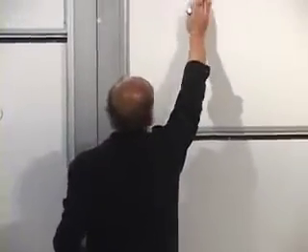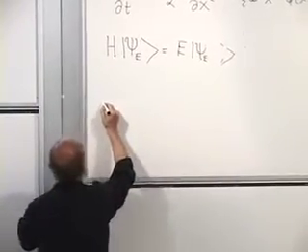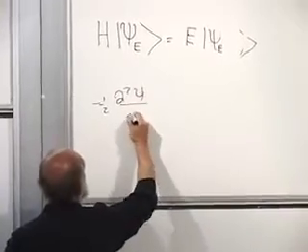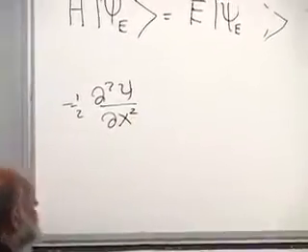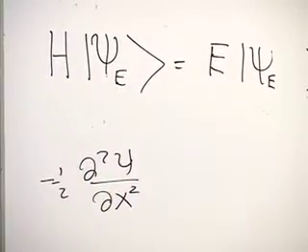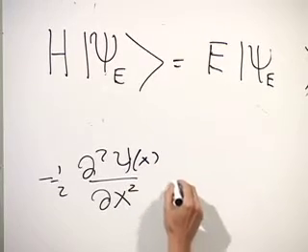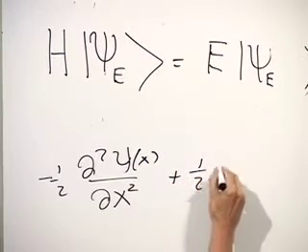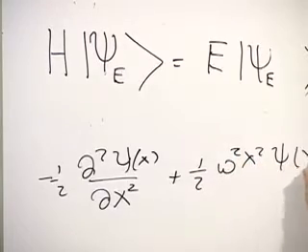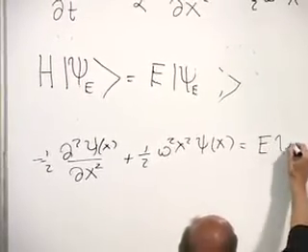All right, what is h? H is the right-hand side of the Schrodinger equation up there, minus 1/2 d second psi by dx squared. This is h on psi, or the representation of it in terms of ordinary functions, psi of x, plus 1/2 omega squared x squared psi of x equals E times psi of x.